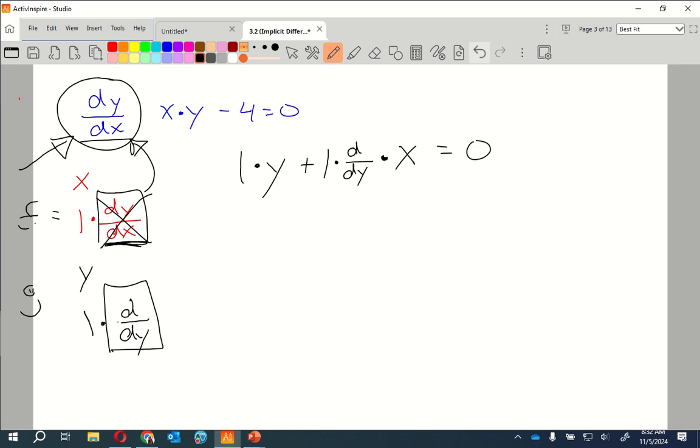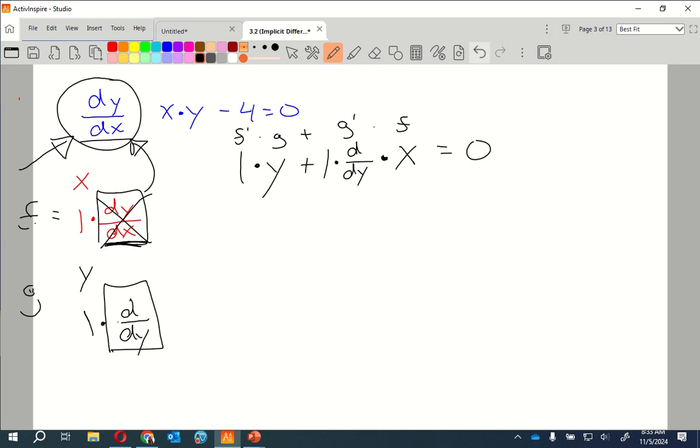Okay, so f prime was 1. G prime is 1 times dy dx. Does that make it a little bit easier? Yeah. Okay.